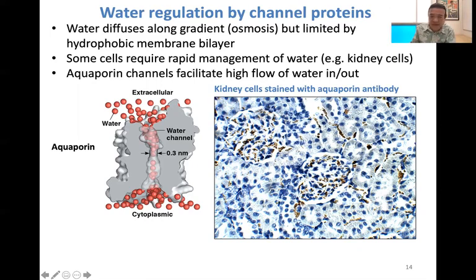This on the right is a stain of some tissue from the kidney. The blue stain, I think, is staining for the nuclei of cells. And what they've done is they've used this brown stain to see which cells are expressing a lot of these aquaporin proteins on their surface. You can see those cells that are expressing a lot of the aquaporin proteins are ones that are clustered in these nephron regions. This is where they're filtering the water.